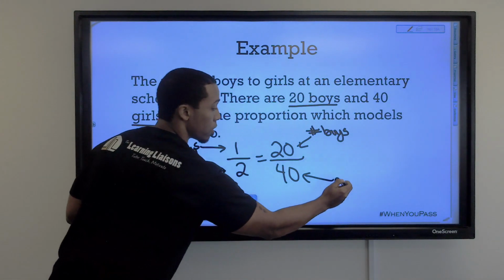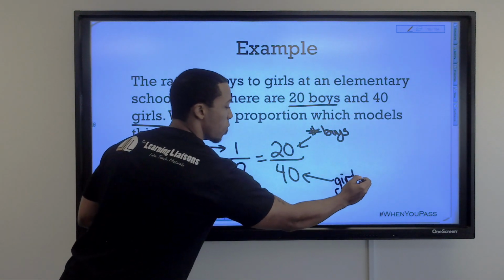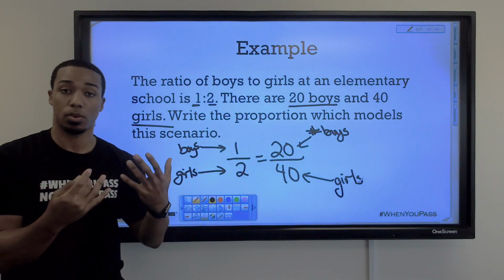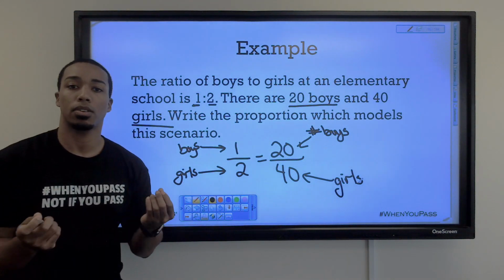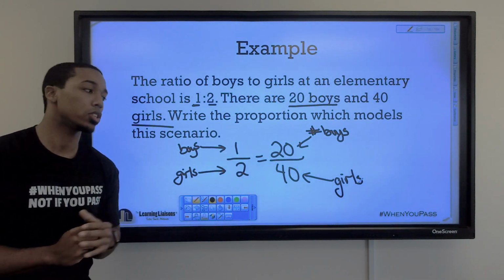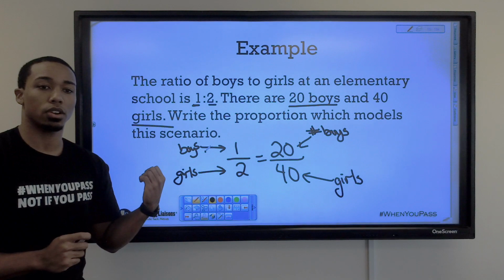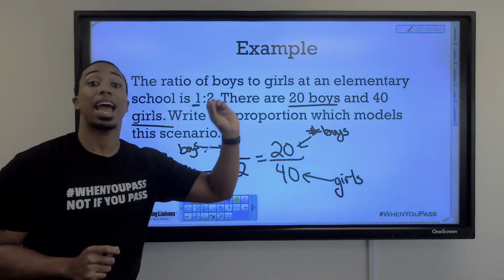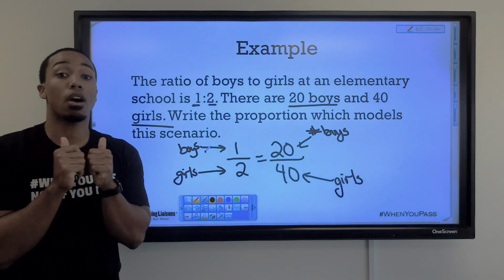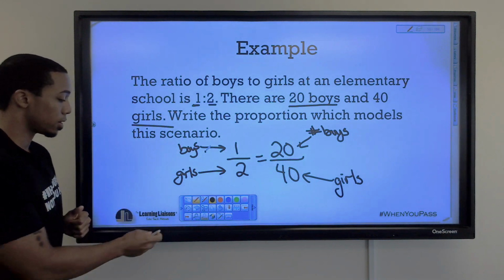And so that would represent girls. So hopefully we can see there that in both numerators, we're comparing the boys. Both denominators, we're comparing the girls. And notice that on the left side, this left side ratio, this is the ratio of boys to girls. The right side is the actual boys to girls. So as long as we compare them in the same way, we are good. Hopefully we can see that there.